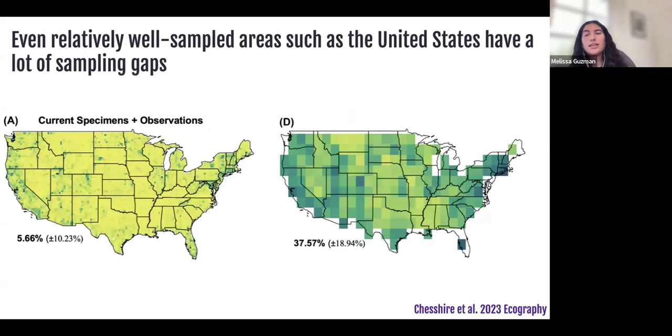Even in the United States, where we have millions of records of bees, we still have a lot of sampling gaps. In a study we did with Paige Cheshire et al., we looked at the completeness of records across the board, and depending on the spatial resolution, the completeness of these records goes anywhere between 5% to 40%. You can see that there are some areas of the country that have not been sampled very well.